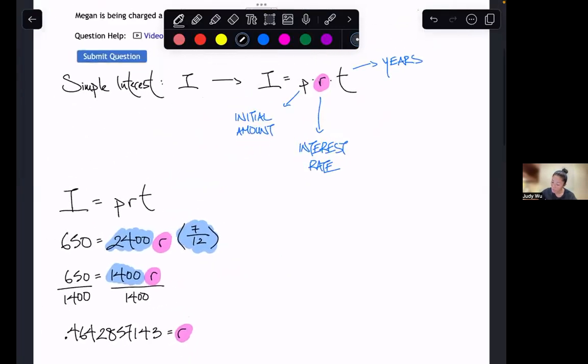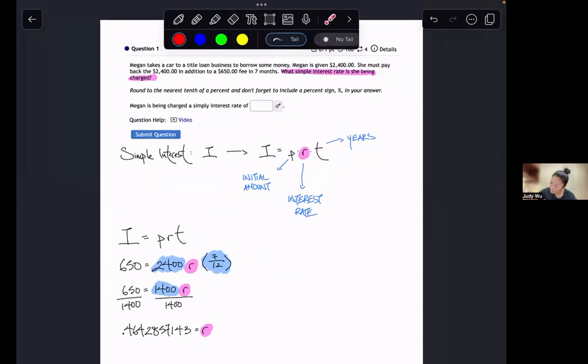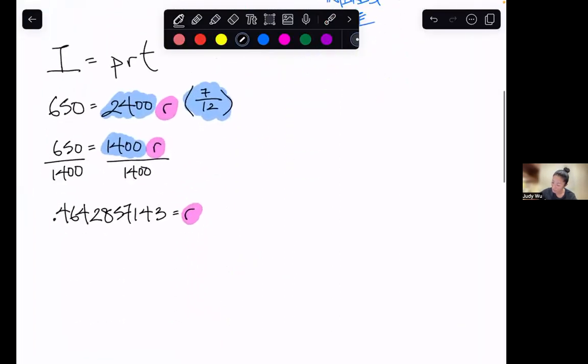If we look back at the question, they tell us to round to the nearest 1/10 of a percent. Right now we have our answer in decimal form. We actually have to turn that into a percent, and then go only one place after the decimal point. And you have to remember to type in a percent sign as part of your answer.